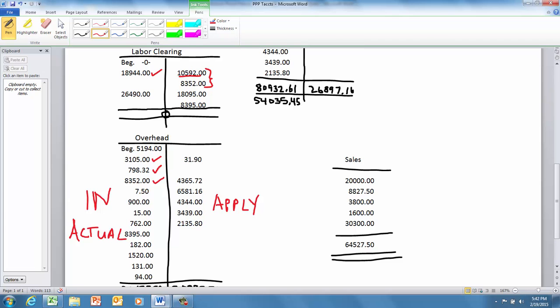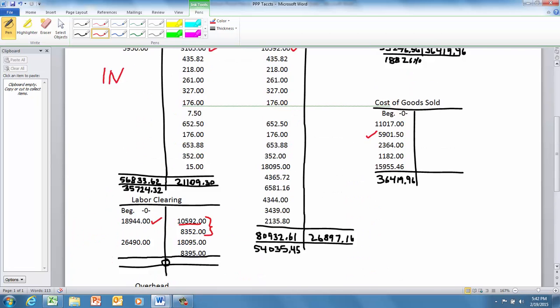Okay. All right, and then also you're going to list the sales. Okay, and so the sales of this one at the 55 doghouses at $160.50 a piece is $8,827.50. So notice this is not a T account. You're just listing the sales down so that we can get a total sales for the month.